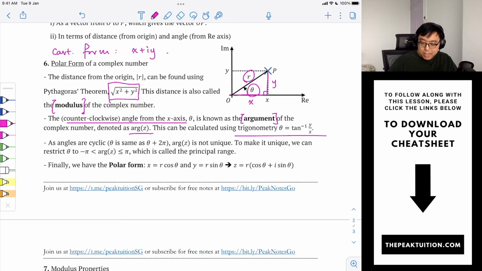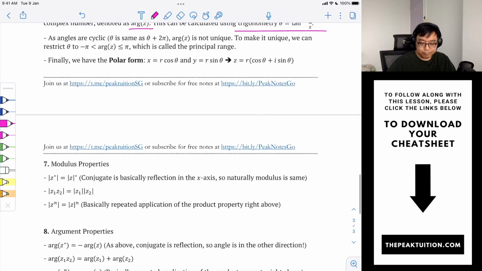As angles are cyclic, the argument is not unique, because when the angle goes through another 2 pi, we end up with practically the same angle. We can restrict the argument to be between minus pi and pi, and this is known as the principal range.